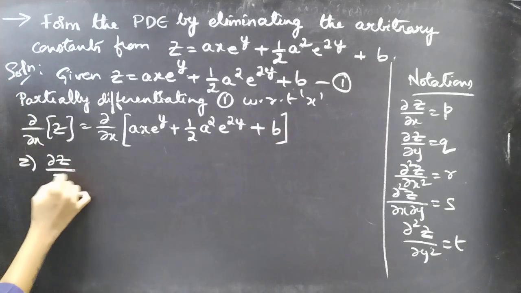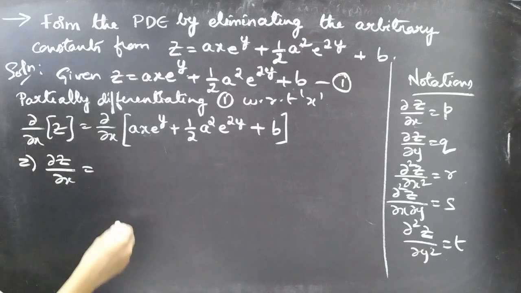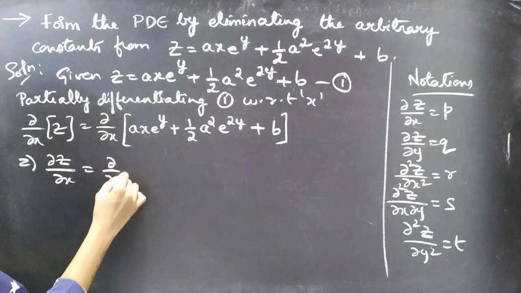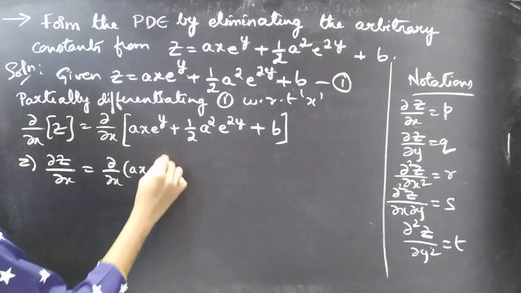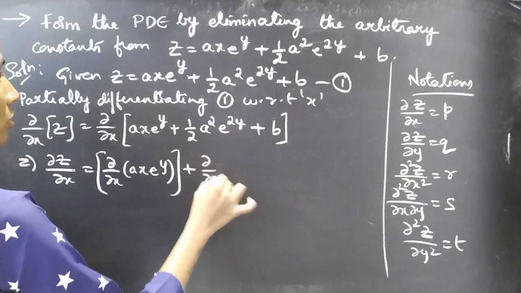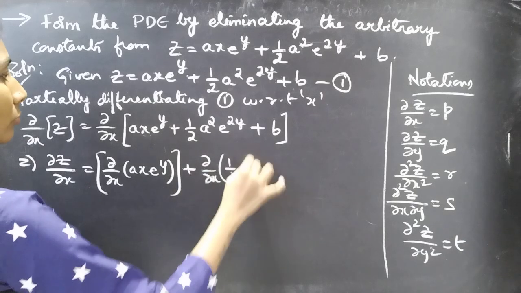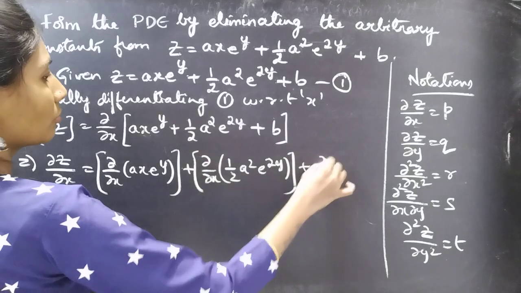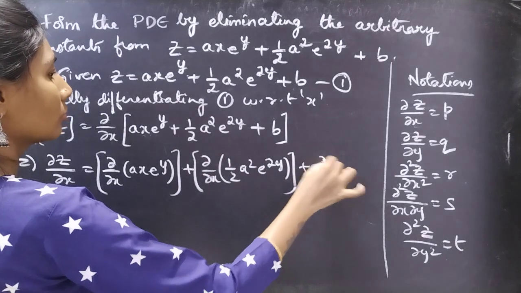Which gives us dou z by dou x equal to, since we are partially differentiating with respect to x, we'll treat y as constant, dou by dou x of the first term, dou by dou x of the second term, dou by dou x of the last or third term.